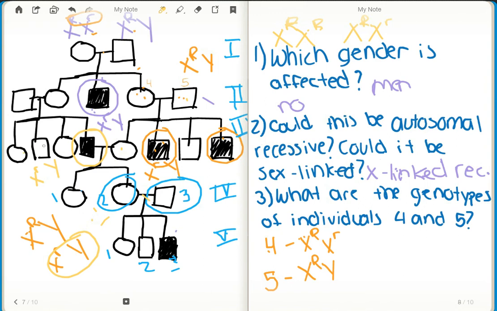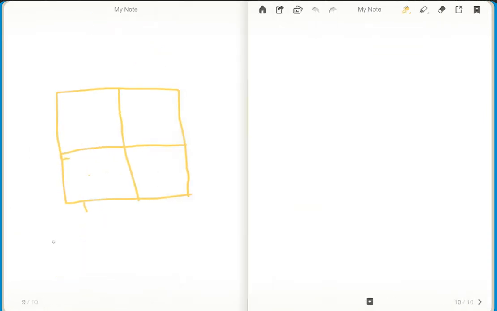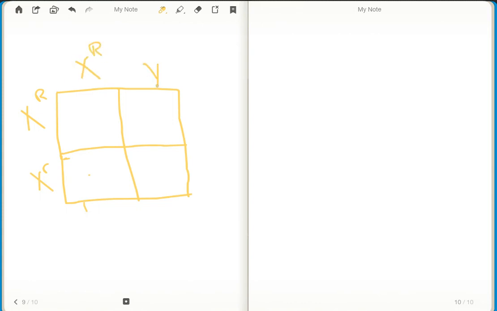This is individual 1, 2, 3, 4, 5 in the generation. So one parent was heterozygous, and the other one was a father who did not have it.